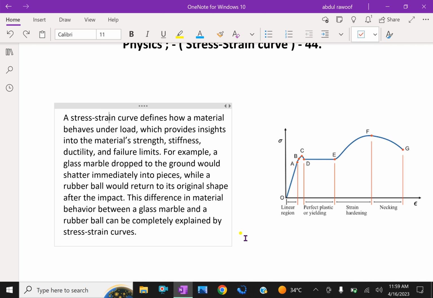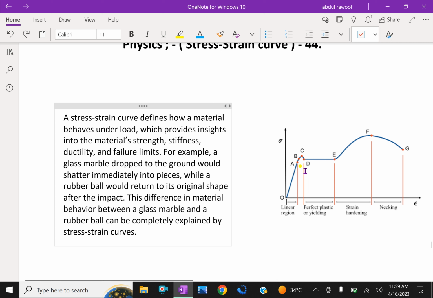The applied force is gradually increased in steps and the change of the length is noted. A graph is plotted between the stress, which is equal to the magnitude of the applied force per unit area, and strain on the other axis. A typical graph is drawn like here.